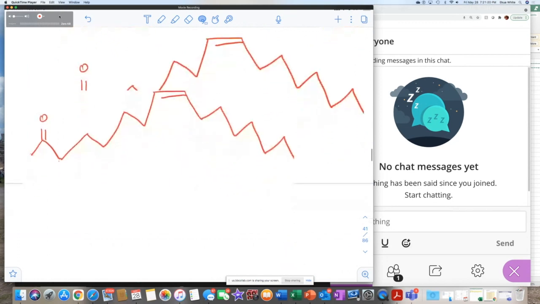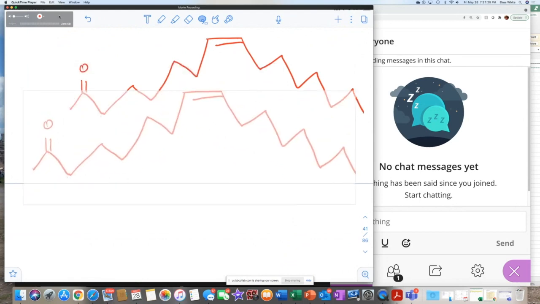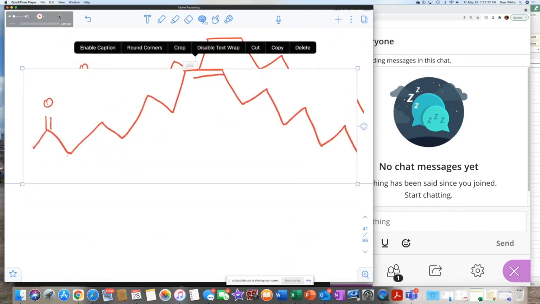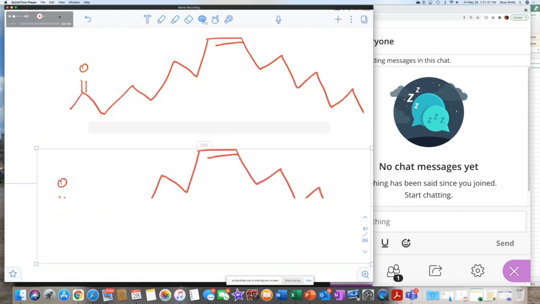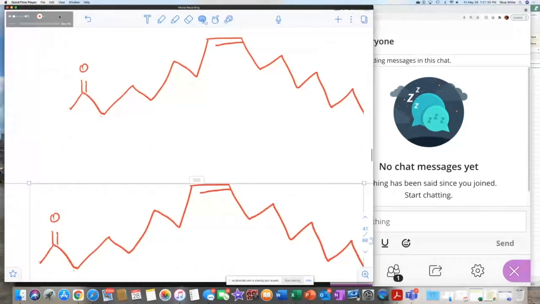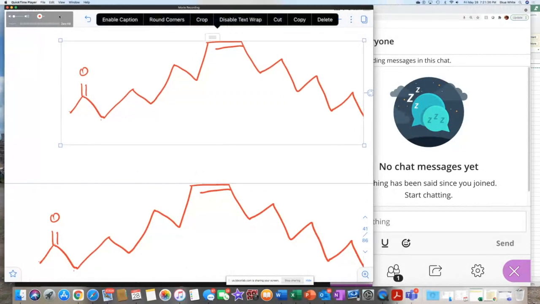Come on, paste. Okay, hold on. Let me see if I can move this down. There. Man, it's going to be humongous.